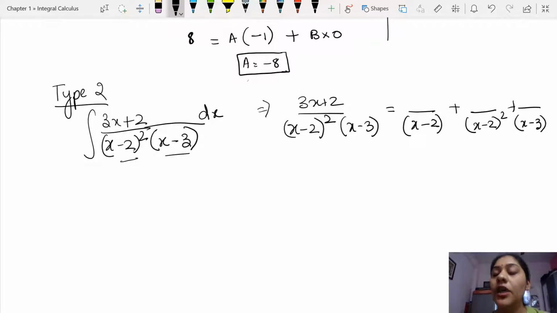So we'll have three constants a, b and c.